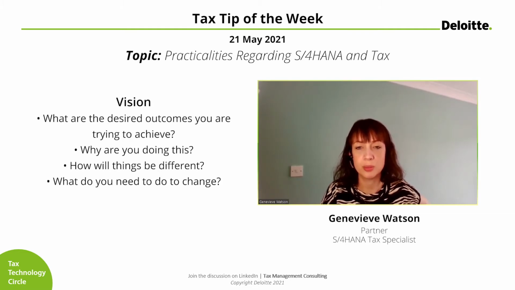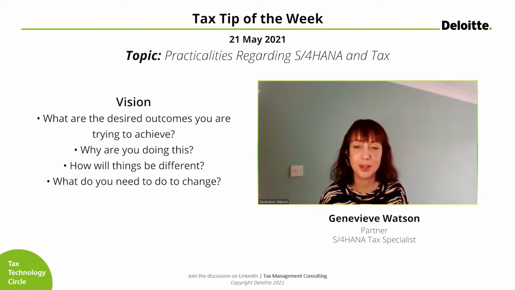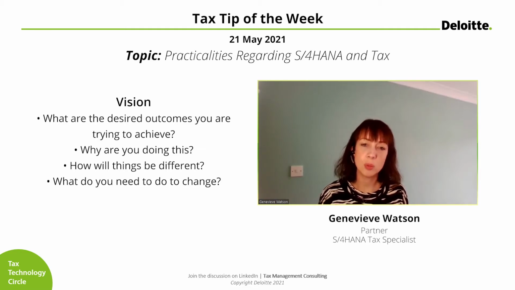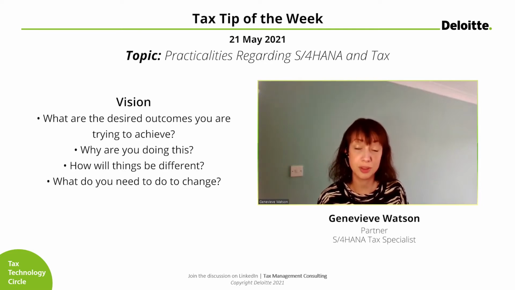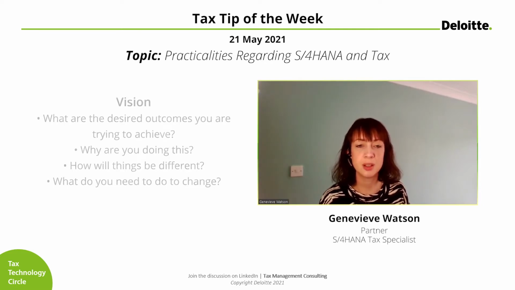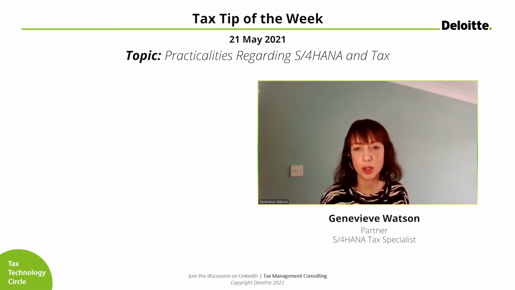So what outcomes is tax trying to achieve, both in terms of tax as a function and perhaps responding to external factors such as the changing digital tax landscape and real-time reporting, so that then you can actually start to think about how does that correlate into the system and what you need from the system, because that will help you to think about what do you need going forwards, how do things need to be different from their current position for you.